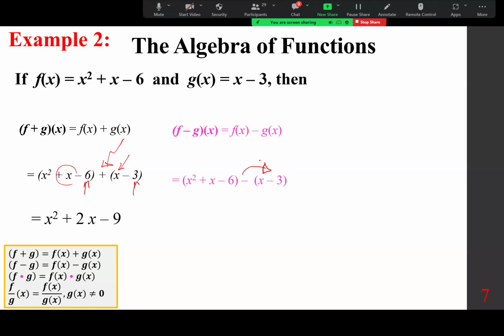We distribute it, and we get minus x plus 3. These two cancel each other. They add up to negative 3. So the final answer is x squared minus 3.